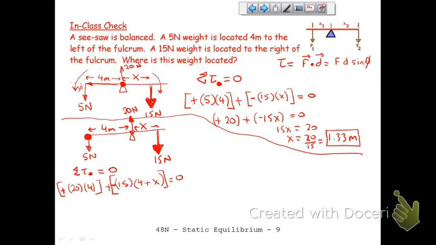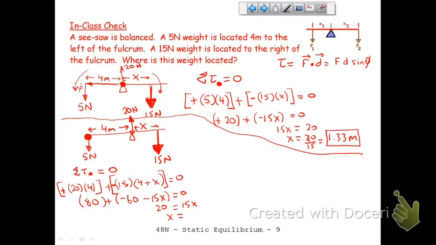So I get 80 plus, minus, I've got to multiply this out, minus 60. 15 times 4 is 60, and then minus 15x is equal to 0. So 15x is equal to 80 minus 60, which is 20.